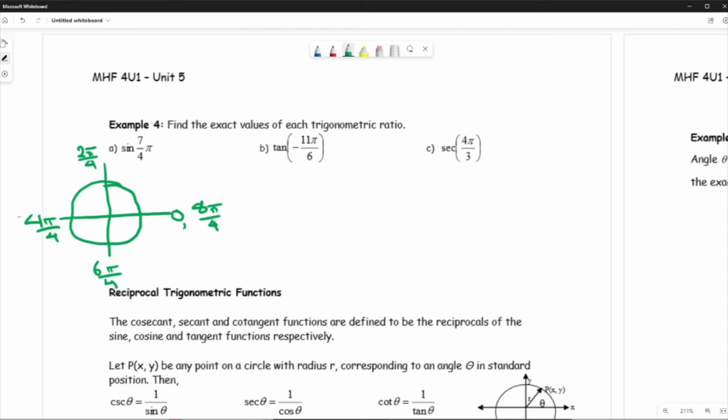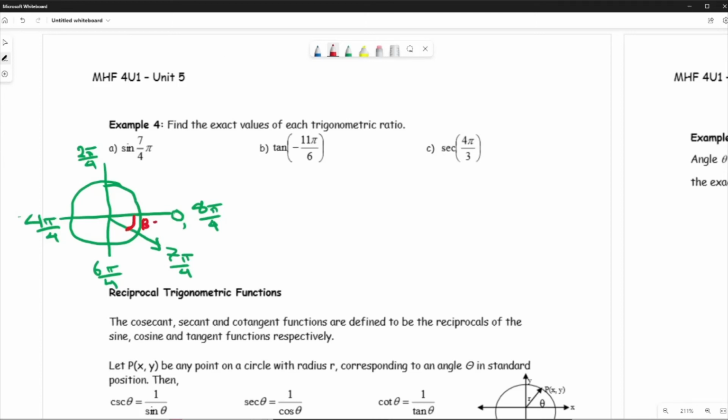Alright, so I'm supposed to draw 7 pi over 4. You can clearly see that 0, 2, 4, 6, 7 pi over 4 would be right there. The angle that I care about, the beta angle, is the angle that I make with the x-axis.